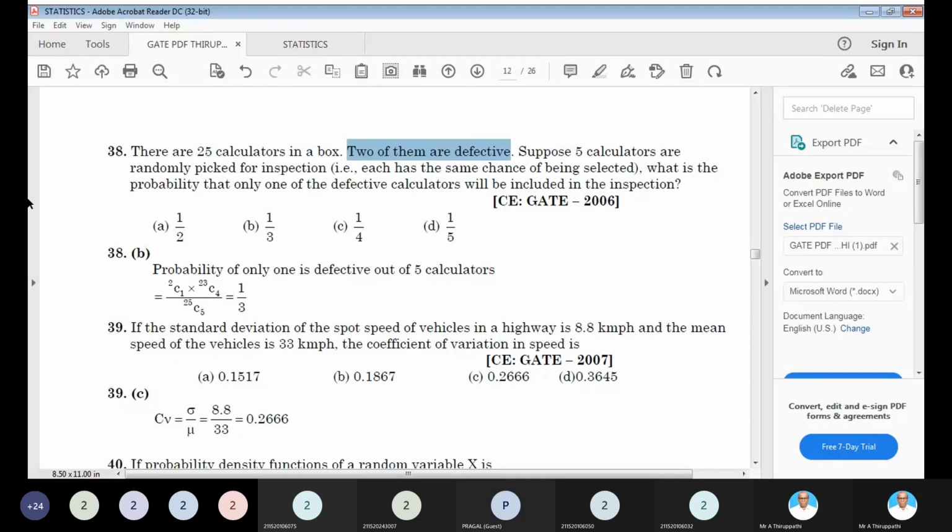Only one defective item is selected out of two, 2C1. The remaining 23 are good quality, so 23C4, divided by the total 25 products, of which we select 5, so 25C5. So 2C1 into 23C4 divided by 25C5, after simplification, we get 1 by 3.